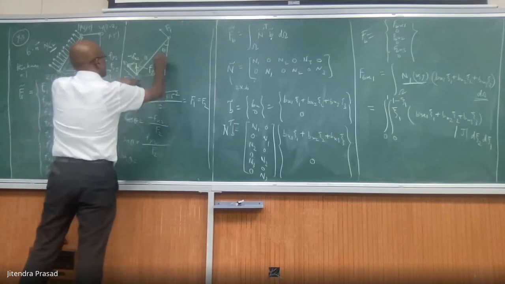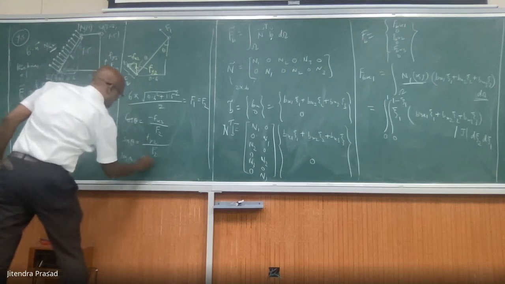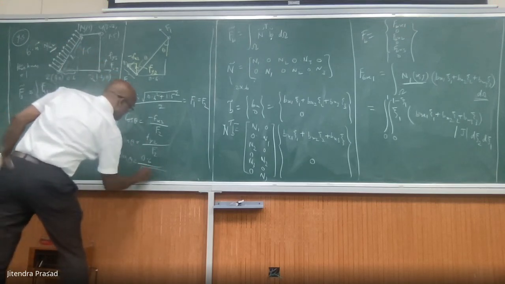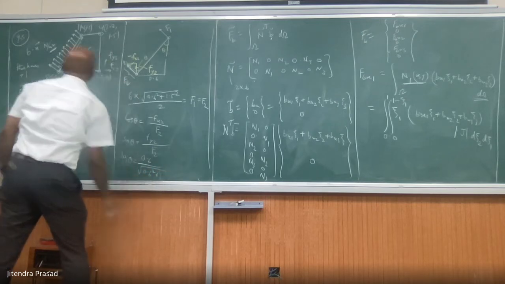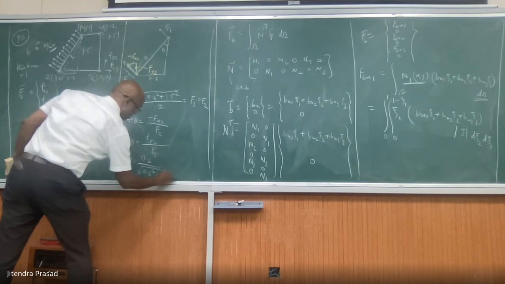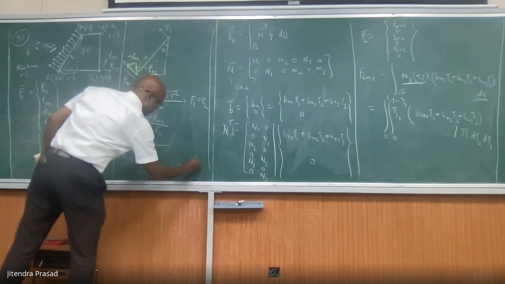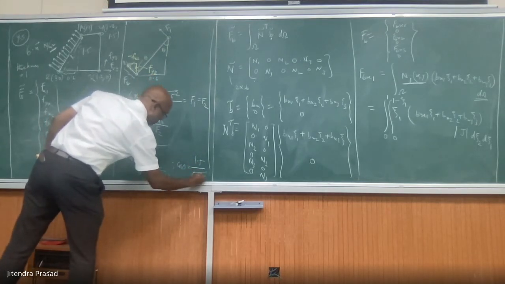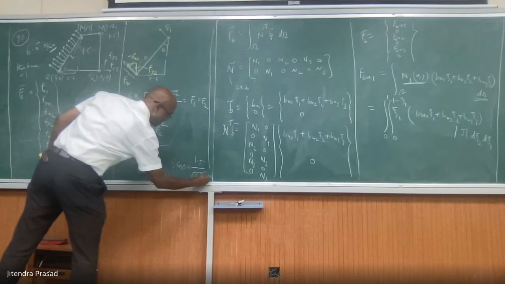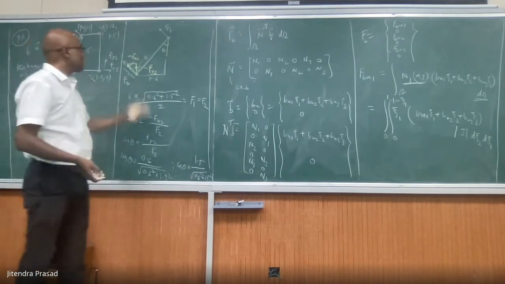So sin theta is 0.6 divided by root of 0.6 square plus 1.5 square, and cos theta accordingly is 1.5 divided by root of 0.6 square plus 1.5 square. And you can calculate, right?